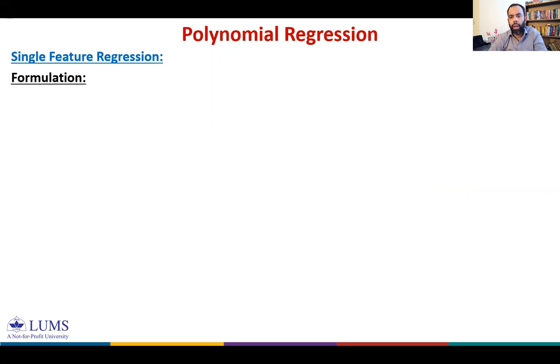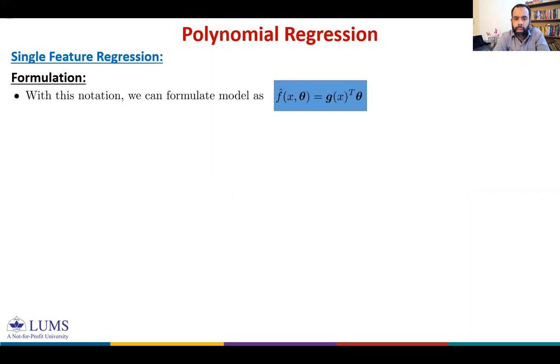So if you use g of x as 1, x, x squared, and theta as theta naught, theta 1, theta 2, and you take the product of these two, you can easily see that this is in fact equal to the sum over i equal to 0 to m of theta i x to the power i.